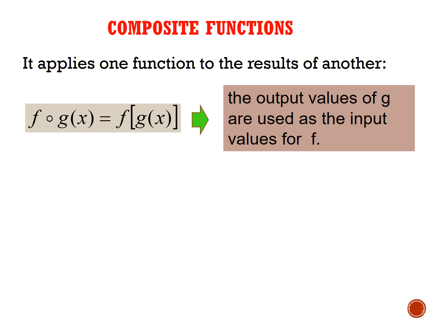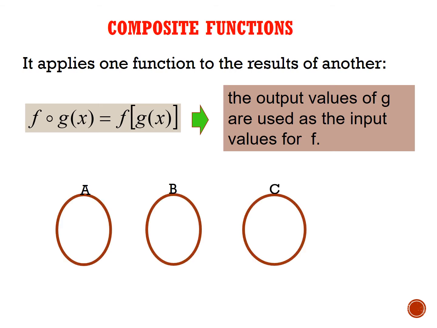In order to understand composite function, it can be represented in an arrow diagram. Let's say we take three sets, set A, set B, set C. The function g is moving from set A to set B, and the function f is moving from B to set C. Let's say we have element x in A. We put x into g, it becomes g(x).